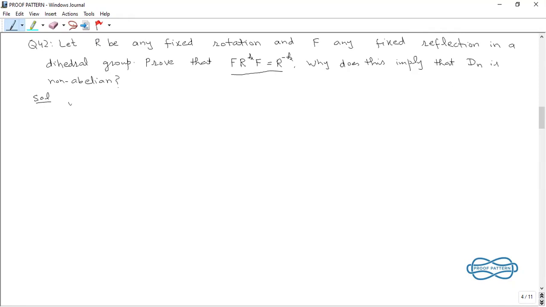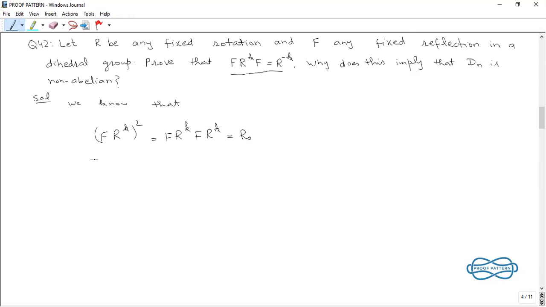Okay, we know that (f r^k) whole square can be written as (f r^k)(f r^k), and that is of course the identity because f r^k is a reflection.